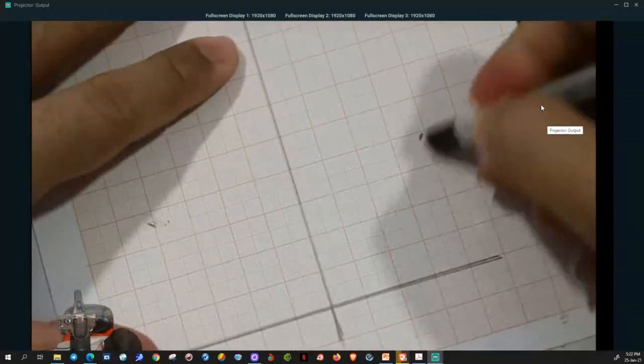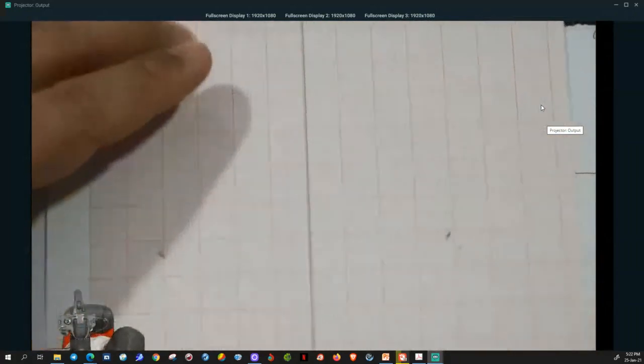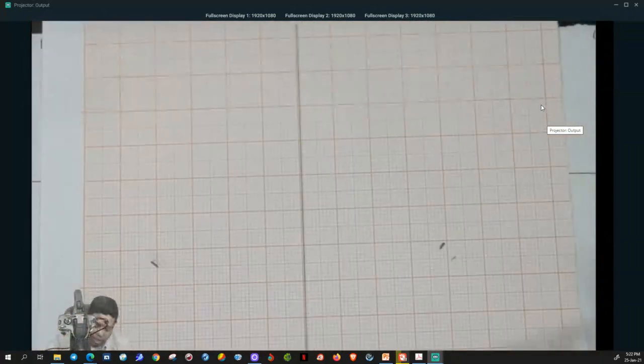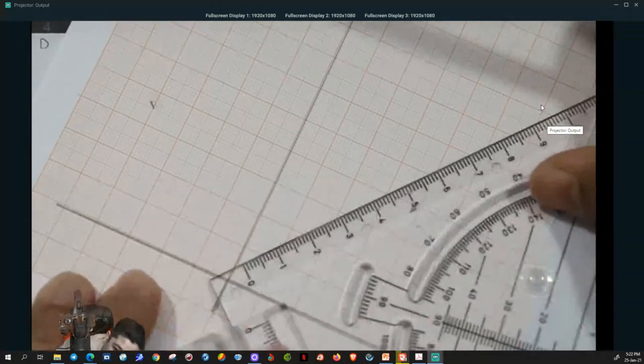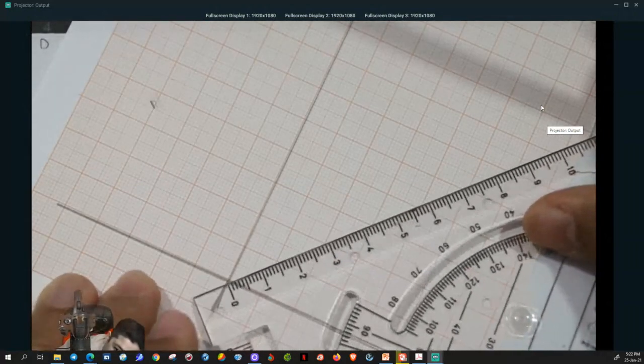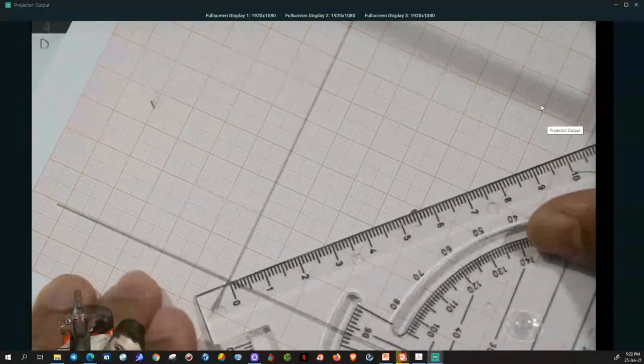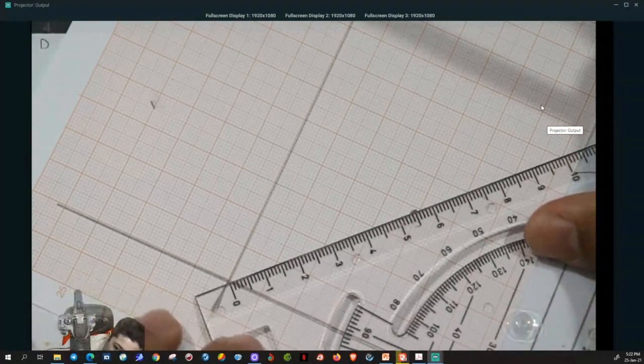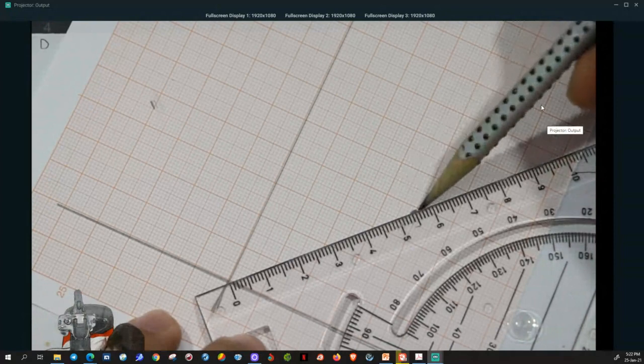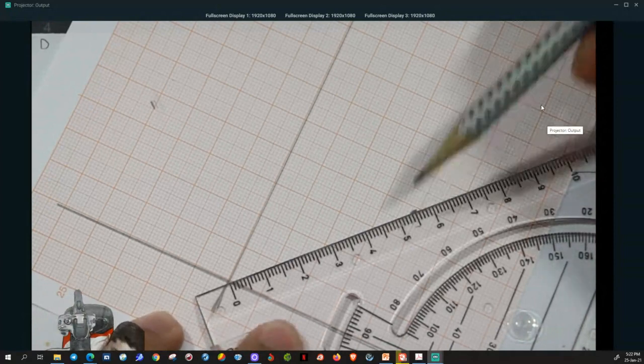Once you have identified your theta 1 and theta 2, it's time to make the line. 7.5 centi. Start with your 0 and then rotate your ruler until you reach your angle, 46 degrees.